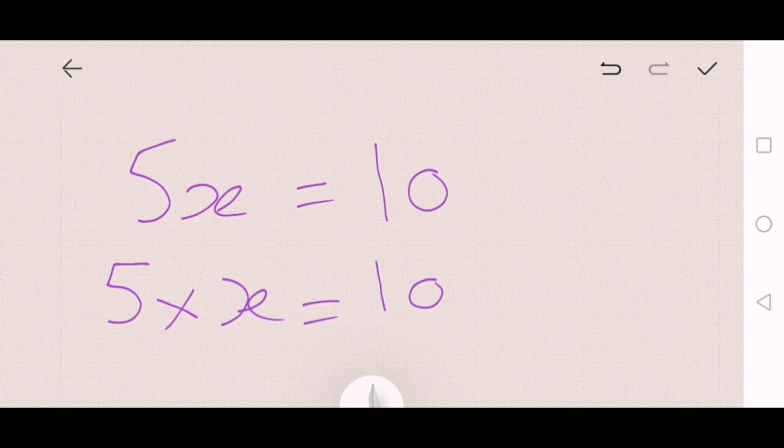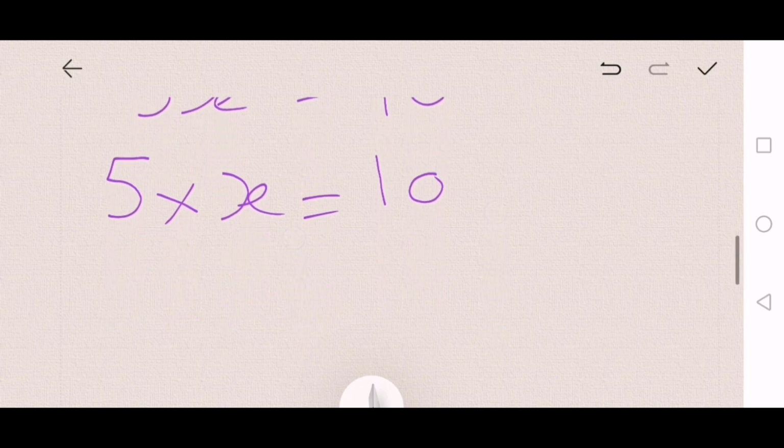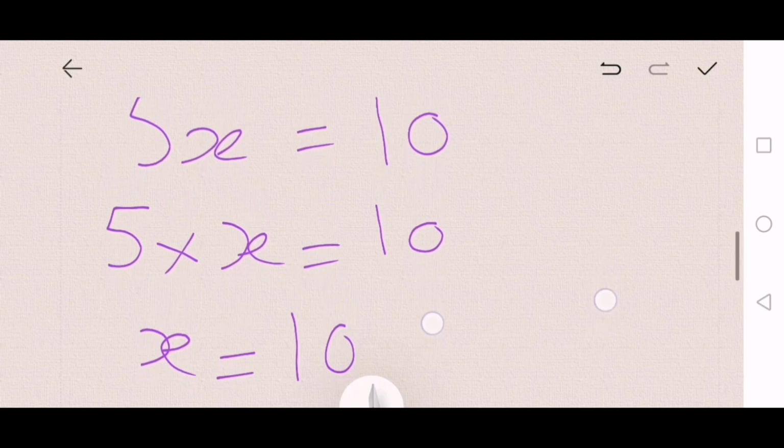So what do you do whenever you see something like 5x equal 10? You do 5 times x equal 10. Then simply x will be here, then 10, and look, what is the opposite of multiply? Just a second, let me find out.